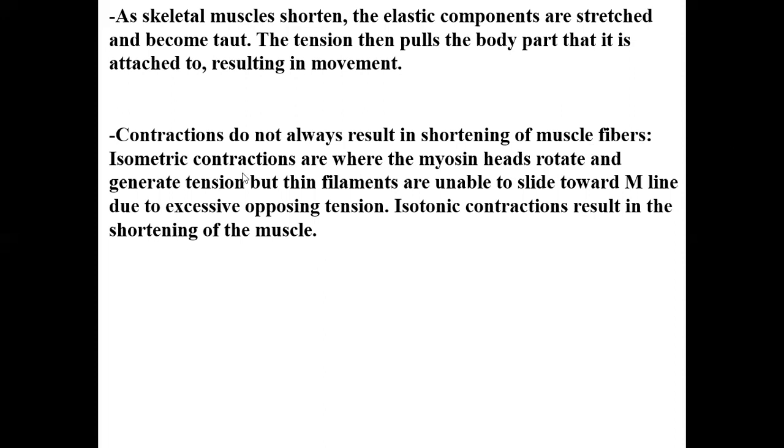We can have a type of contraction where the length is the same. Same length is termed as isometric. Same length, but it is contracting. So what is happening? It means the myosins are interacting with the actin, creating a lot of tension.